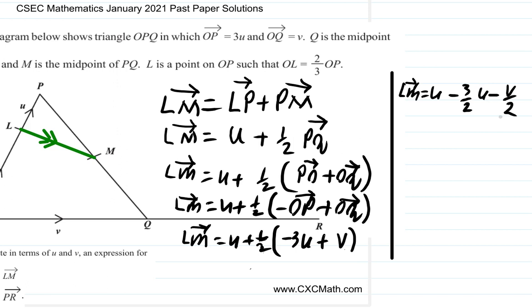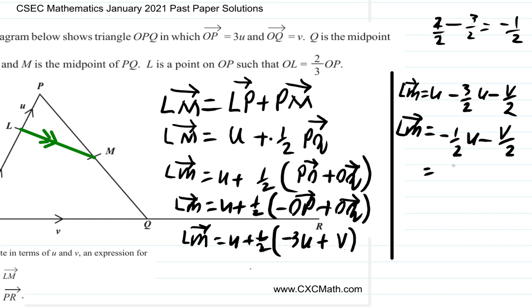Alright? You see that? Then you can simplify it and say LM equals 1U minus 3 over 2U. Let's do a little fraction: 1U is the same as 2 over 2U. 2 minus 3 is what? Negative 1. So it's negative half U minus V over 2.